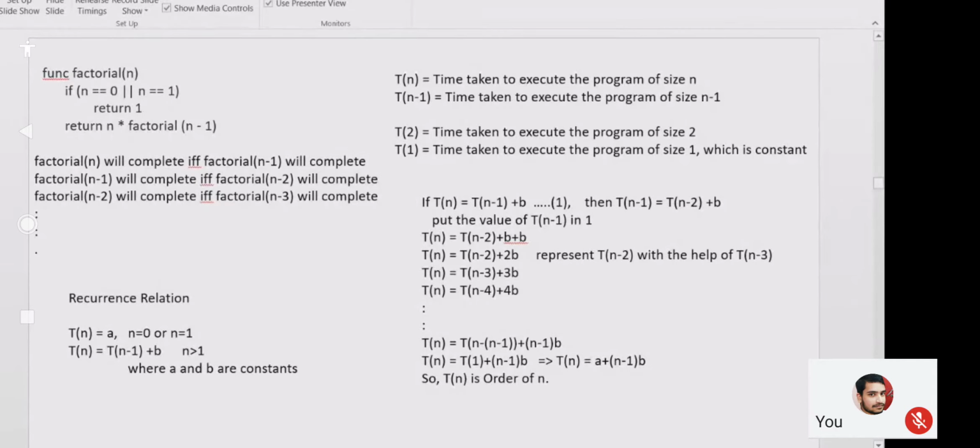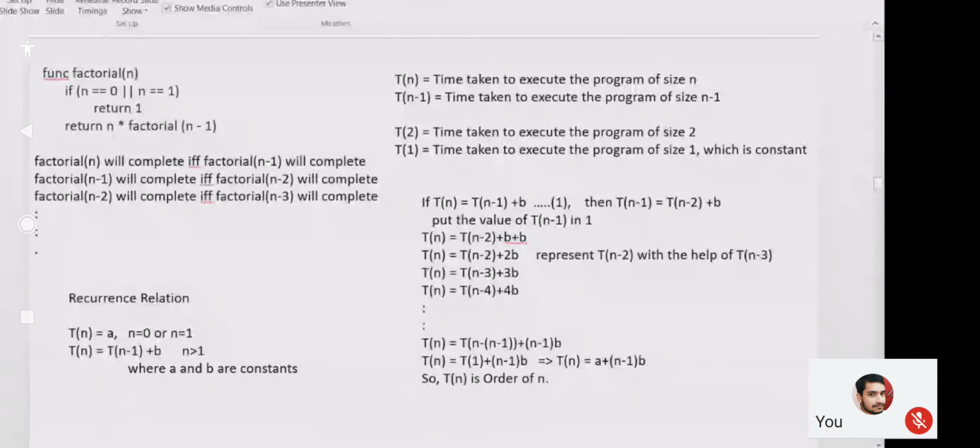Now fact 5 will again call itself. To get the value of fact 5, you have to call fact 4. To get fact 3, you have to call fact 2. To get fact 2, you have to call fact 1. And fact 1 is the base condition or terminating condition.